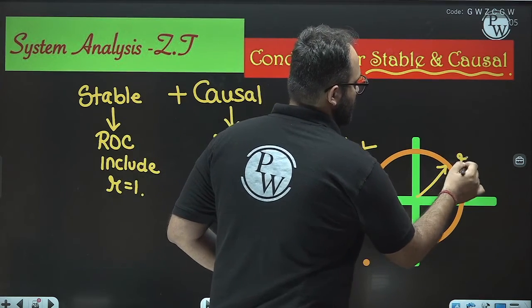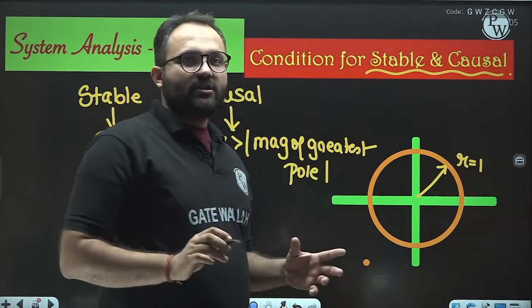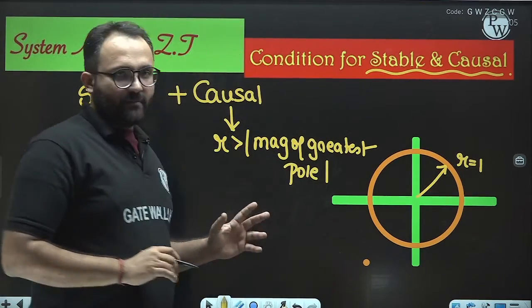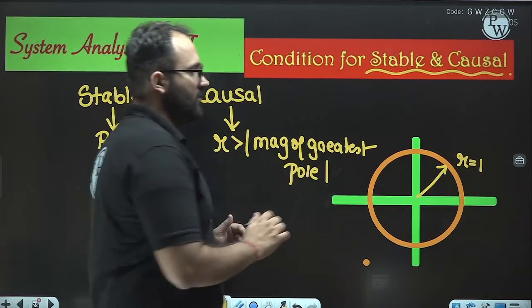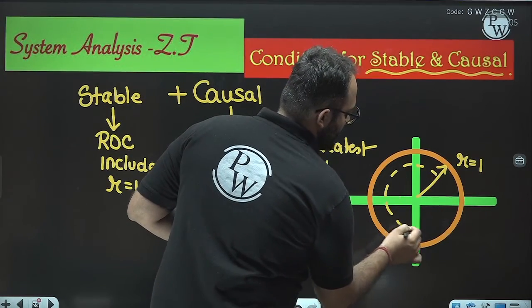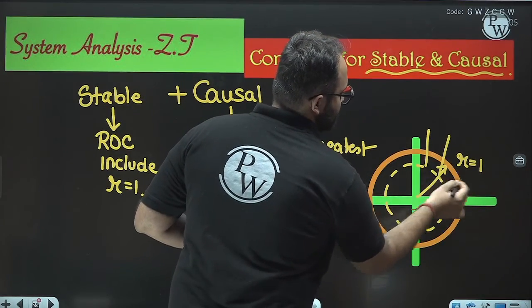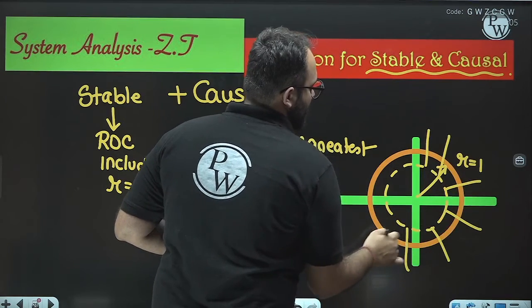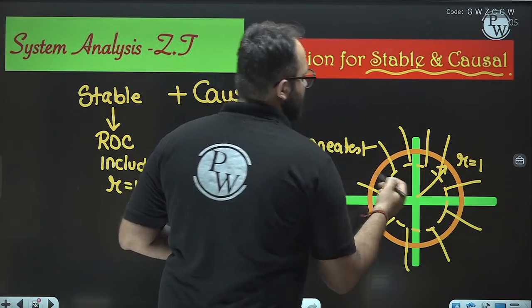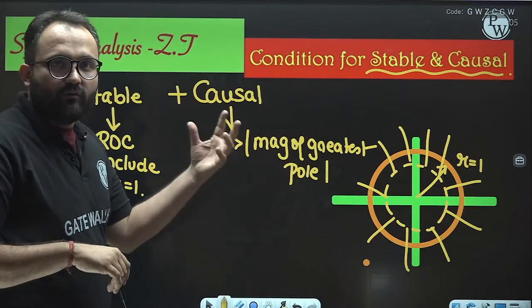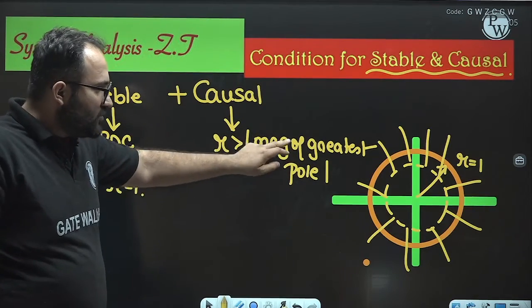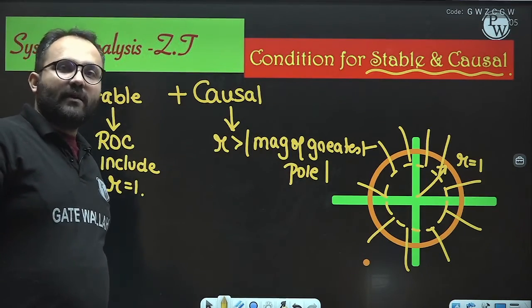The ROC must include the unit circle, and the ROC is of this format, R greater than the magnitude of the greatest pole. So we can say that the ROC must start from a value which is less than 1. We can say that the magnitude of the greatest pole should be less than 1.